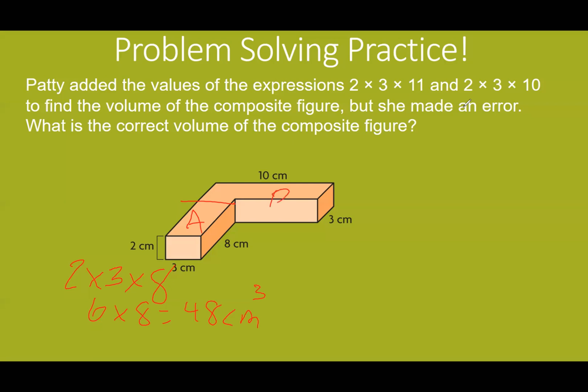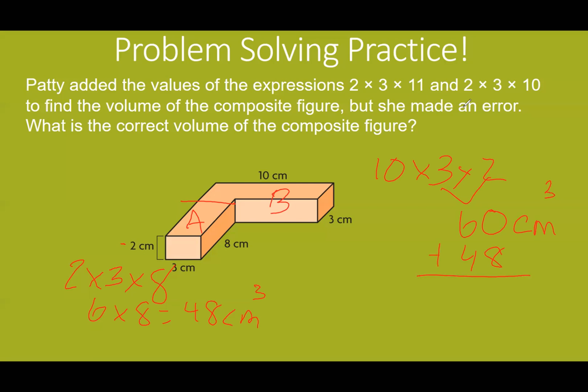And then in figure B, very simply, we have 10 times the width of 3, and then the height is over here at 2. I know that 3 times 2 is 6, and 10 times 6 is 60. So A is 48, and B is 60.